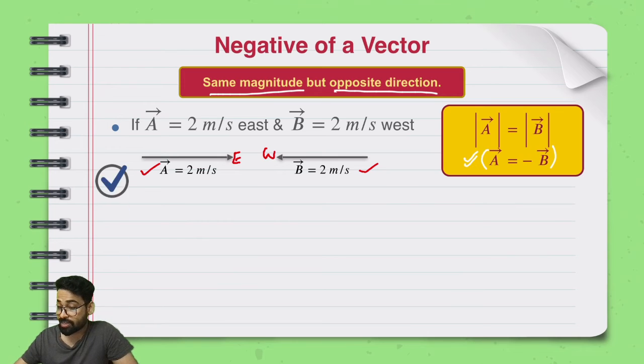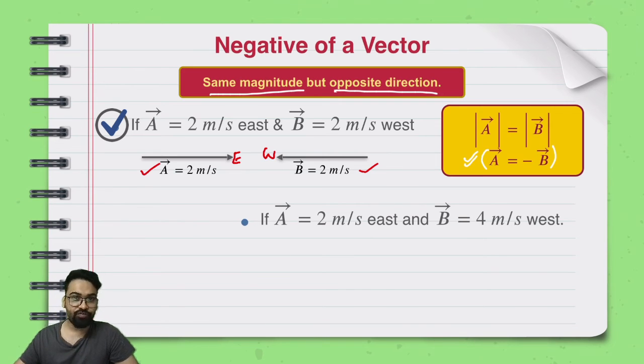Talking about the next thing, yes, this is a case of negative of a vector, but let us say I was given something like this, that I have 2 meter per second east and 4 meter per second west as A and B respectively. Even though the directions are just opposite, this is not negative of a vector, because I see that the magnitude is different.